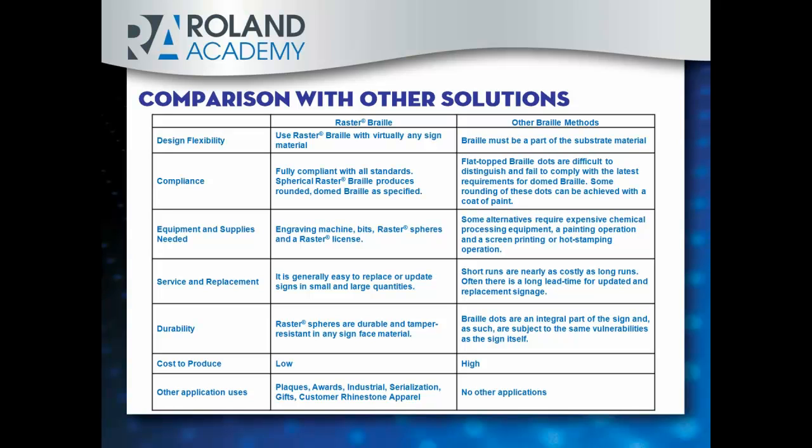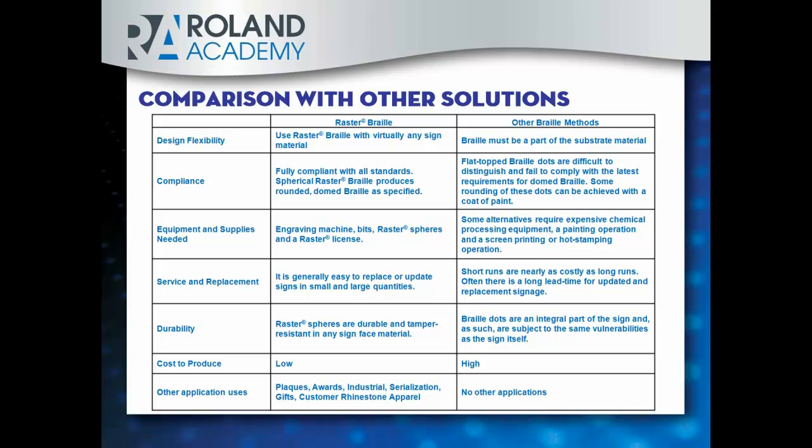Same thing with photopolymer, because you have that screen already. Photopolymer might be the way to go if you're doing a lot of signs, and for that, you have to do more signs to bring the cost down. Whereas with engravers, it's pretty much a fixed cost for every sign.